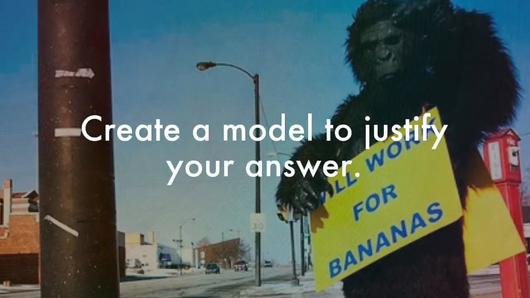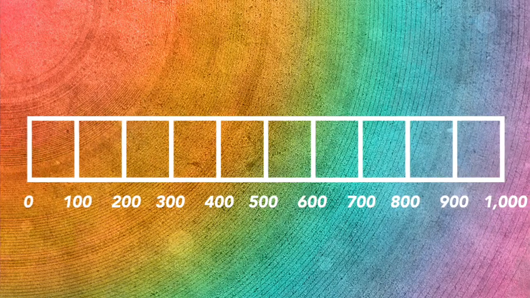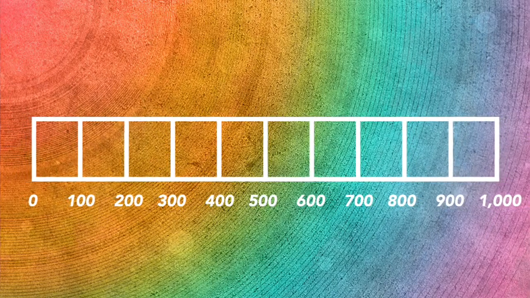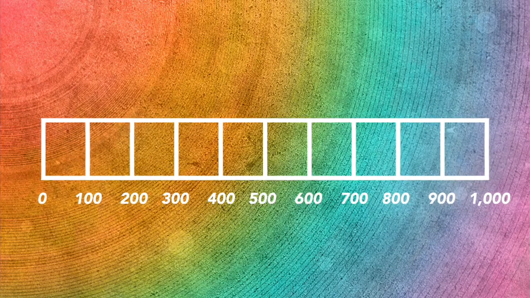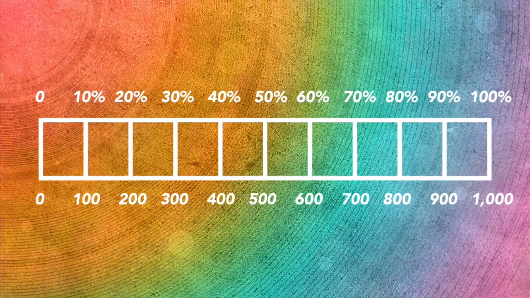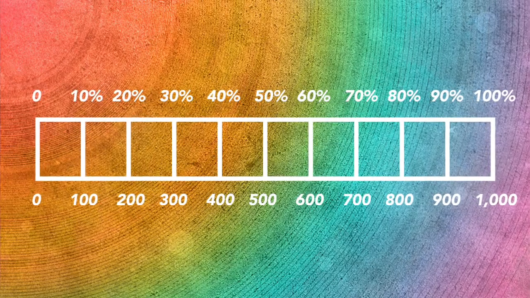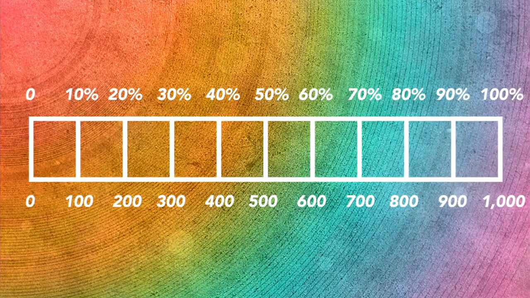Can you create a model to justify what we just found? So here's a model of 10 boxes. I made 10 so that I could label each one 100, going all the way to 1,000, because remember, 1,000 people were surveyed. Also, if I made this 10 boxes, that helps me in my percentages, because I know the total needs to be 100%.